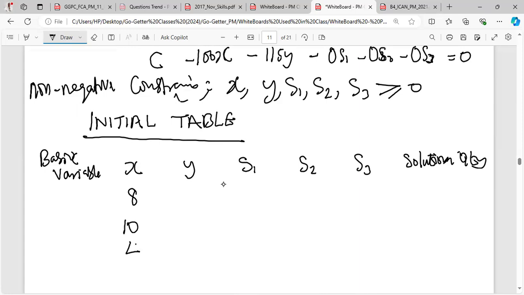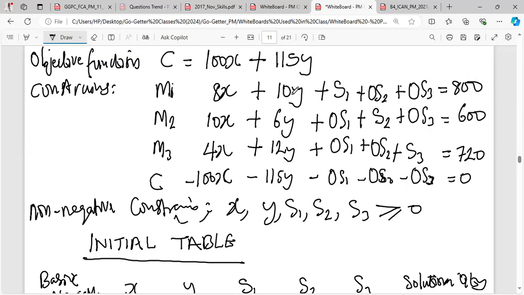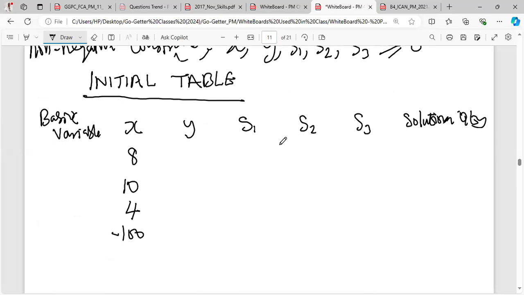Now under y, we have 10, 6, 12, minus 115.